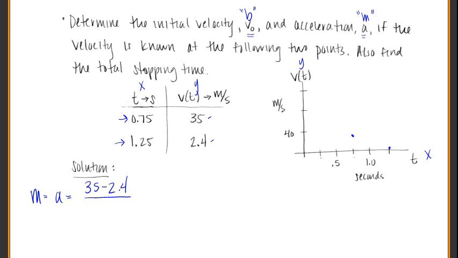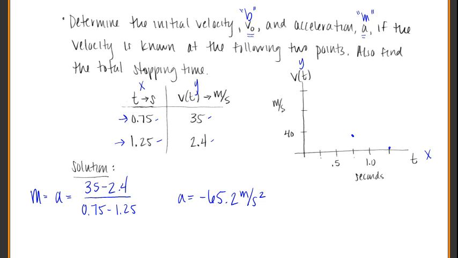Since I did the first minus the second, I'm going to do the first minus the second over here: 0.75 minus 1.25. And when I plug this into our equation, I get acceleration to be negative 65.2 meters per second squared. Okay, so that is part of it.